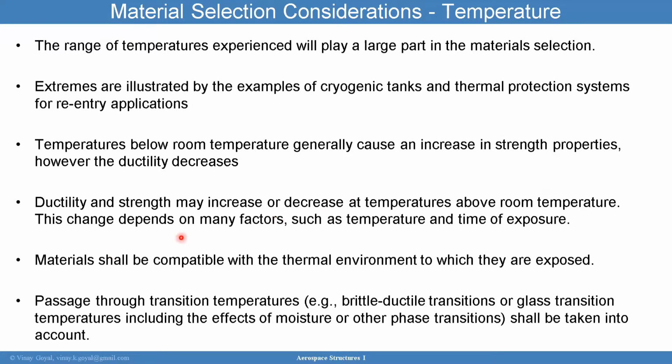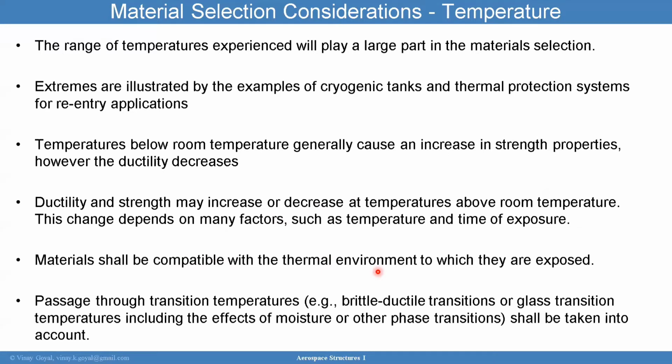Ductility and strength may increase or decrease at temperatures above room temperature, and this changes depending on many factors. So it could depend on temperature exposure, time exposure, and also then you have the materials being compatible with the thermal environment. You don't want to have a situation where the material is exposed to a thermal environment that can be detrimental to it.